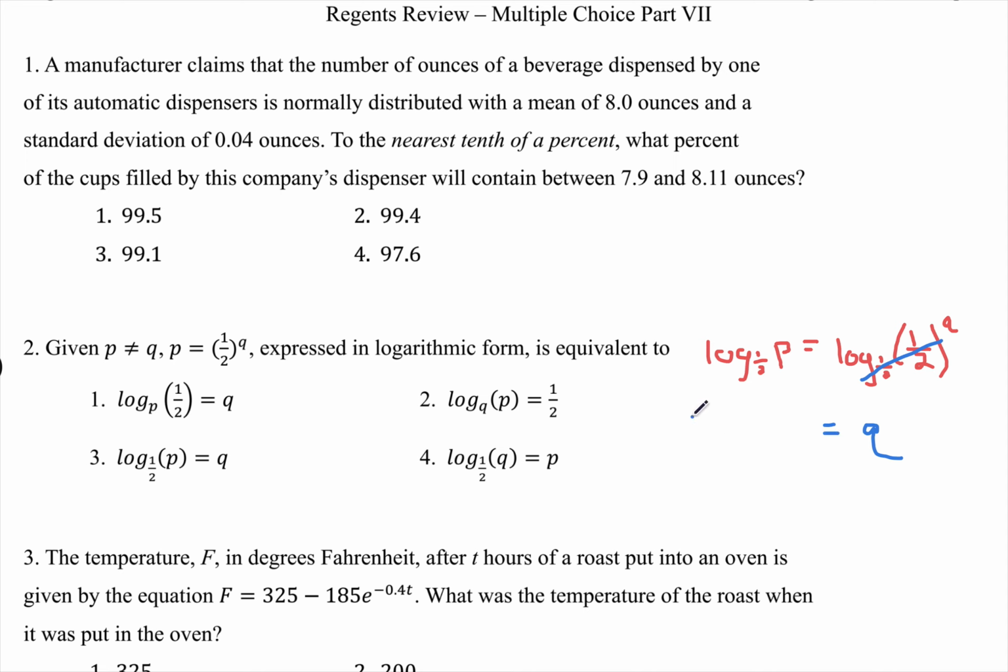And I don't have to do anything else, right? So Q just equals the log base 1/2 of P. Answer choice number 3, right? Remember, whatever your number is, you can always take the log with that base of that number and it becomes the inverse, which is just equal to 1.